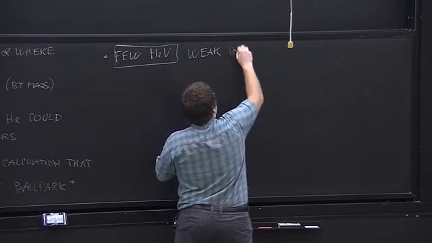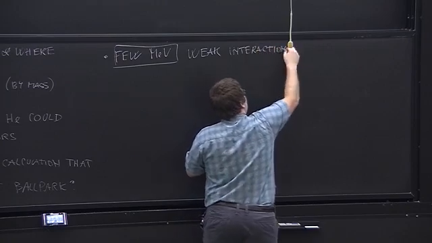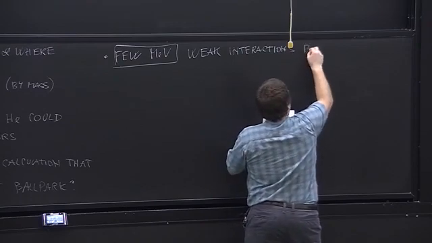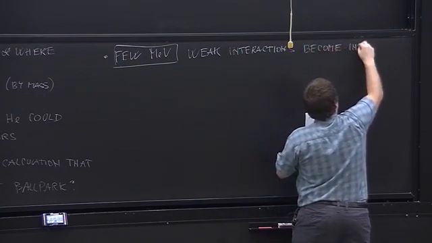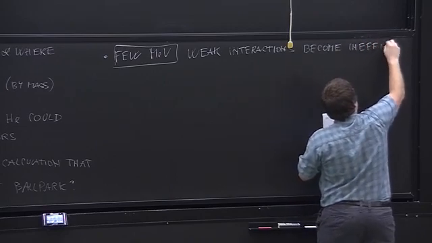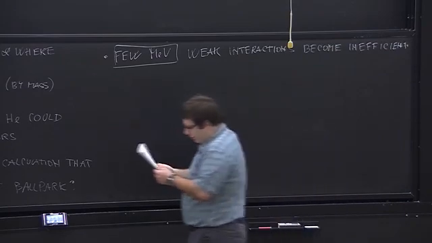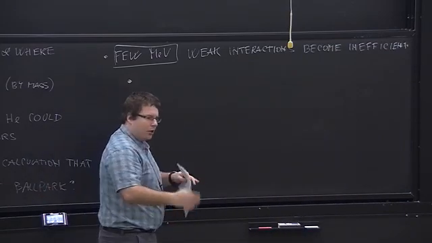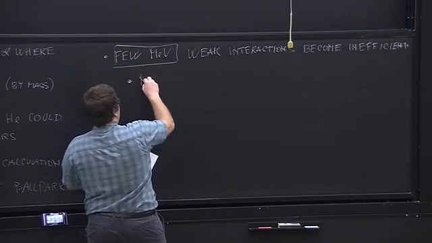So weak interactions become inefficient, and it has very many consequences. The first consequence is that the neutrinos decouple from the rest of the plasma. So, neutrino decoupling.